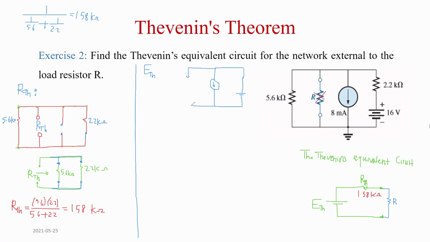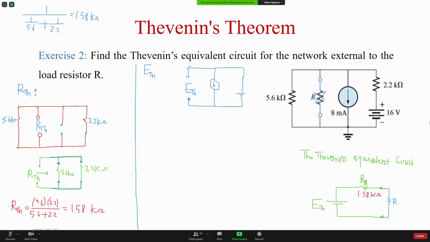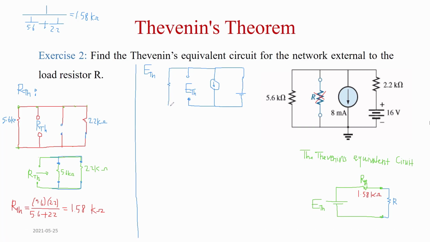So this is the circuit here. This is the open. This is where the terminals are. So I'm going to find the voltage between these 2 points, E Thevenin. Open circuit voltage.